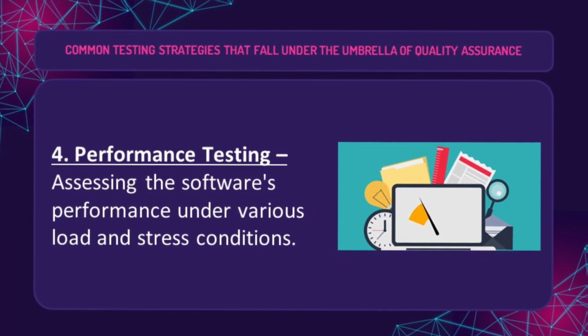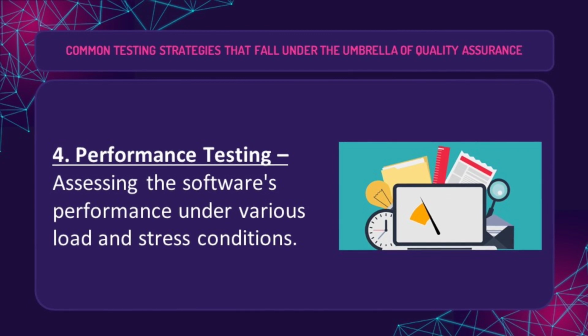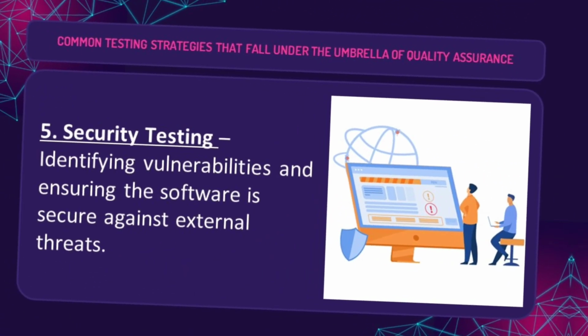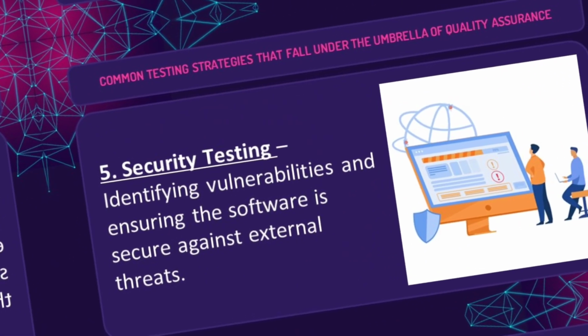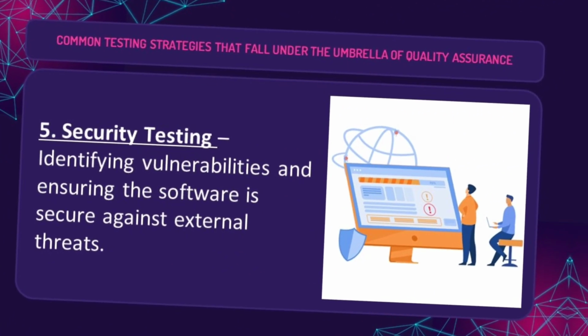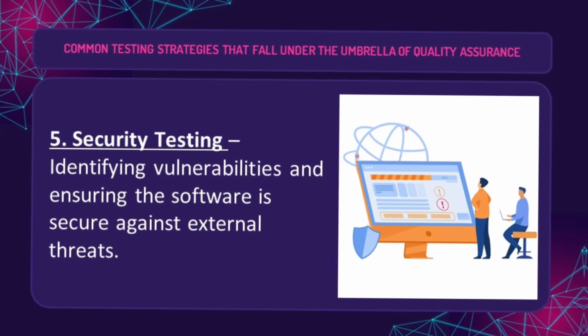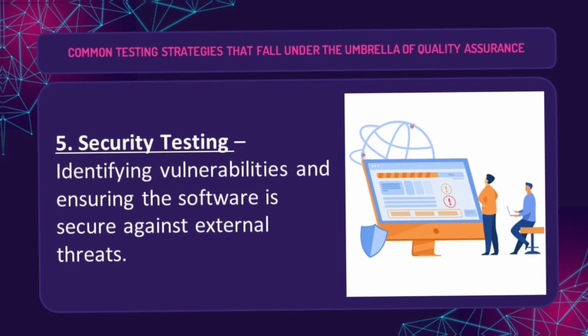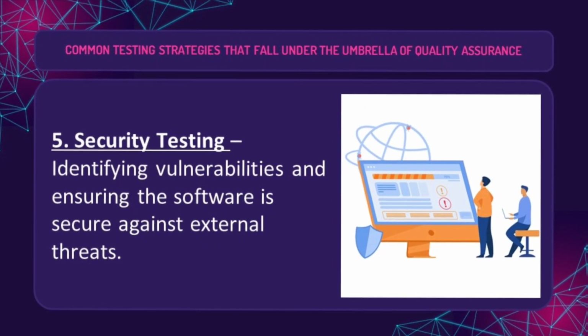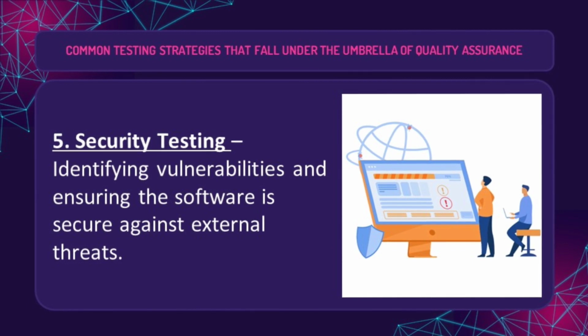It ensures the software remains responsive and performs optimally. Security testing. This strategy focuses on identifying vulnerabilities and weaknesses in the software that could be exploited by malicious actors. It's crucial for protecting data and maintaining the software's integrity.